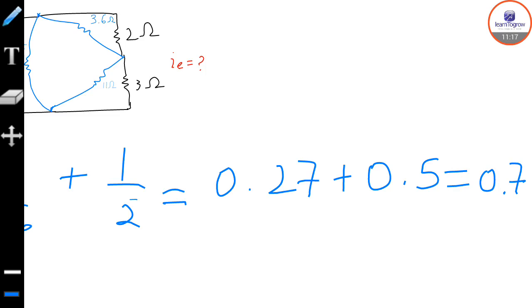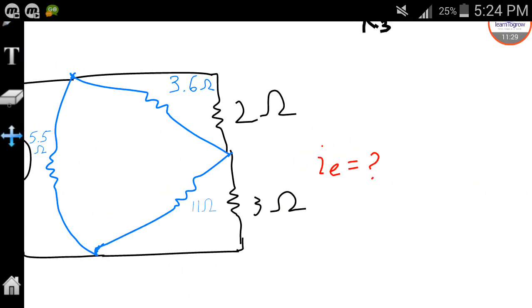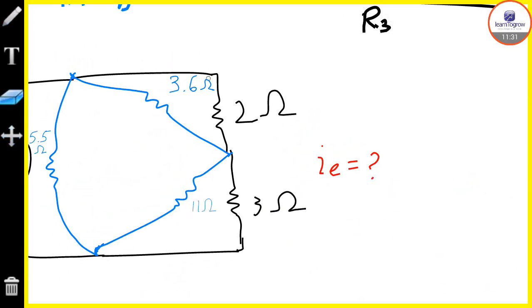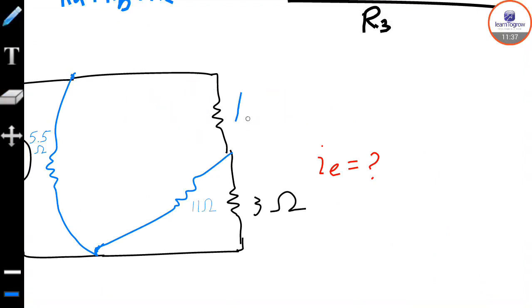So the reverse of 0.75 is 1.4. Okay. Now we will change it to 1.4 ohm.